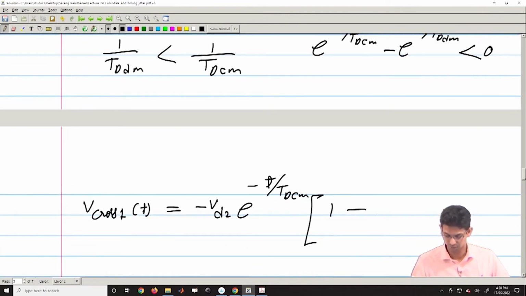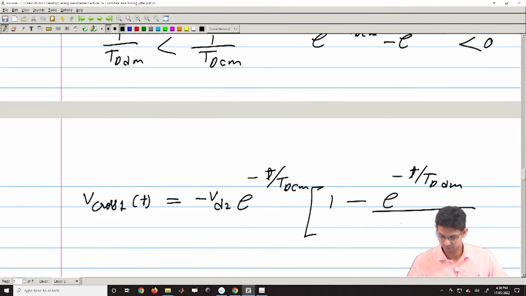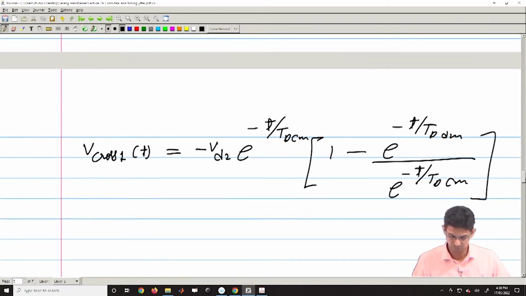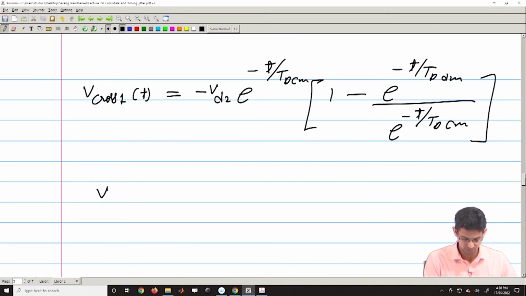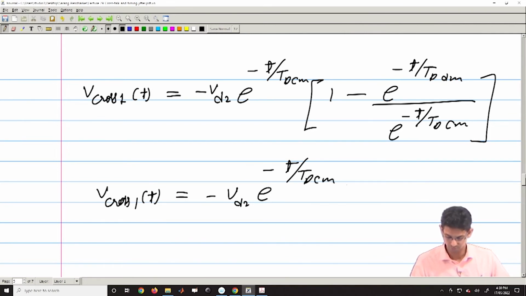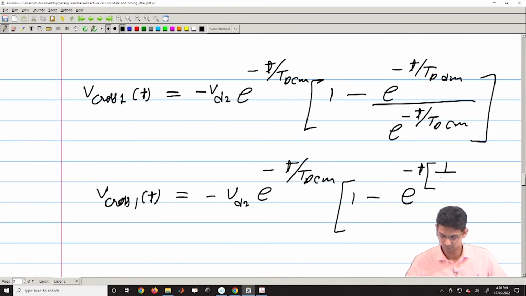So, if I take this out, I will get a term of minus t divided by t d differential mode divided by e to the power minus t divided by t d common mode, and then if I solve it further, I will get e to the power minus t divided by t d common mode into 1 minus e to the power minus t into 1 by t d d m minus 1 by t d c m, right.